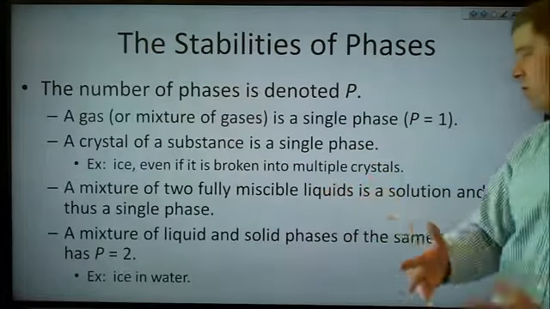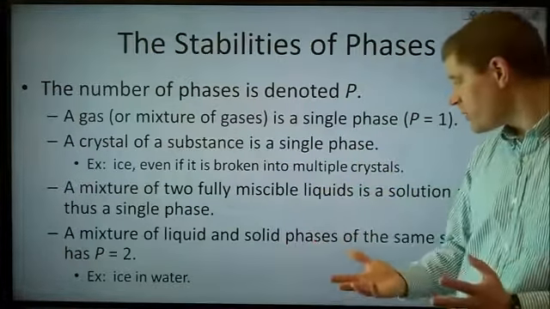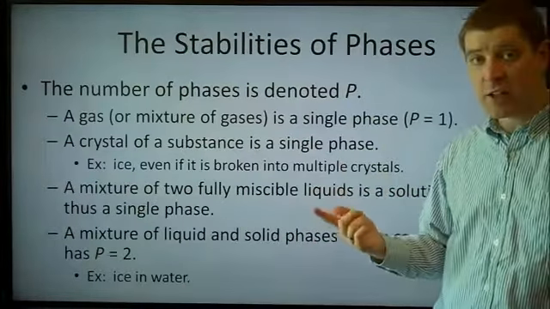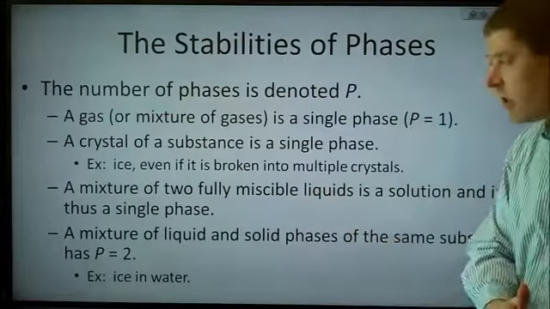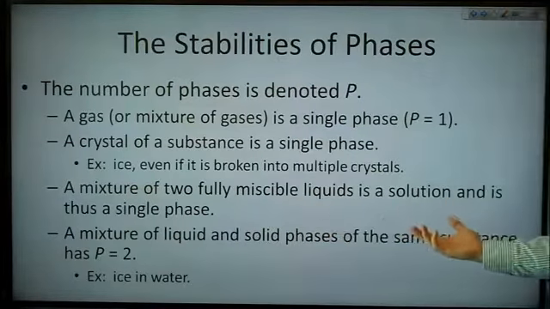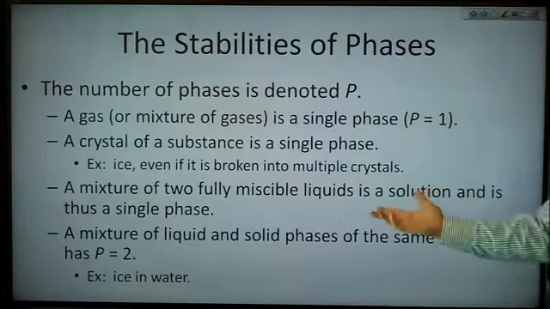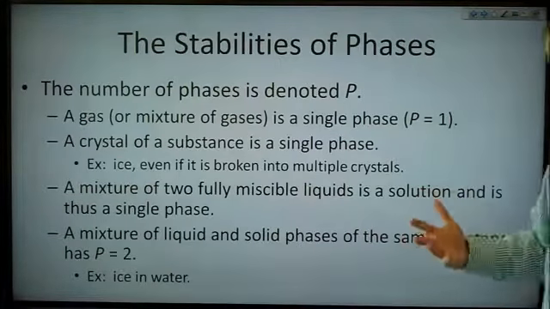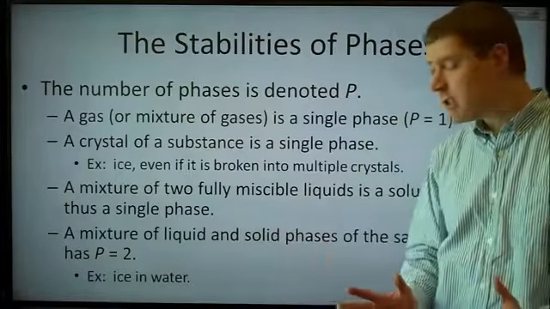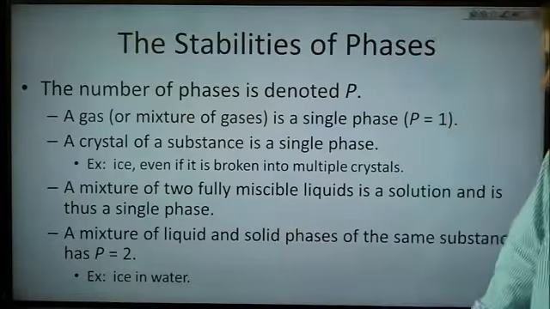So ice, even if it's broken into multiple crystals of ice, or ice cubes maybe, that's still just a single phase of ice, unless we also have some water around, let's say. So if we have a mixture of two fully miscible liquids, or rather that is a solution, that would thus be a single phase. A solution is just one phase because it always is in the same sort of state.